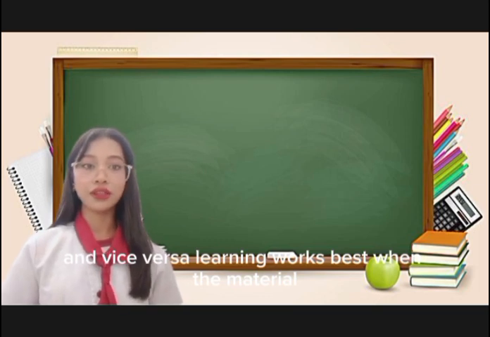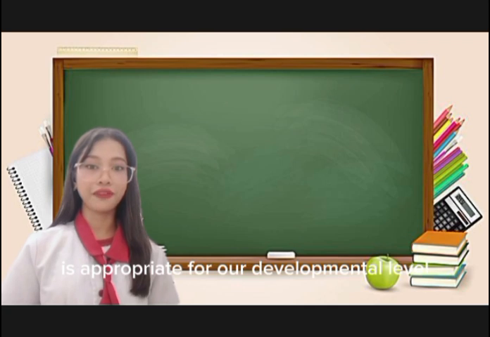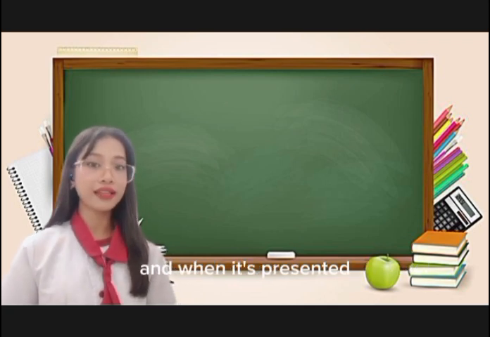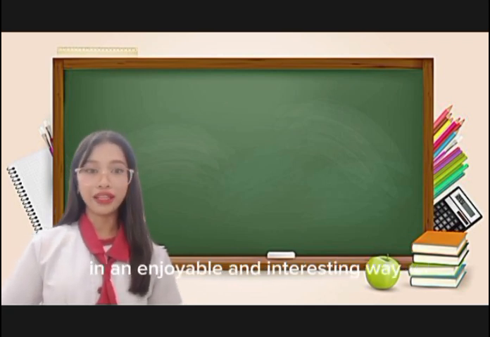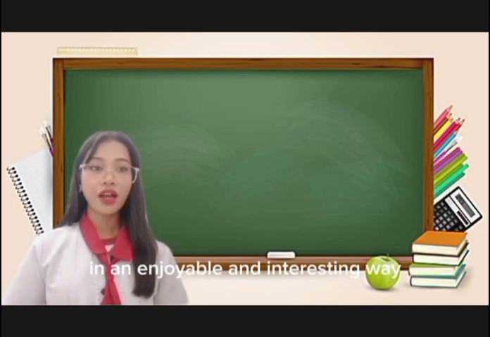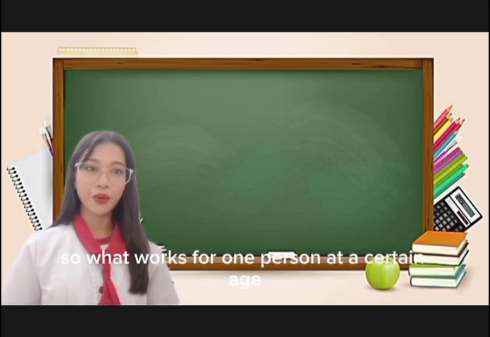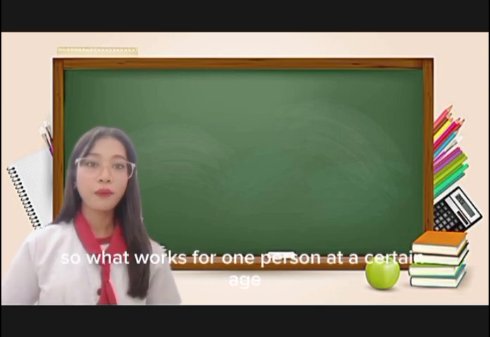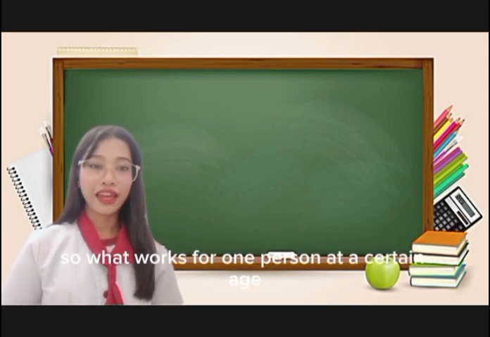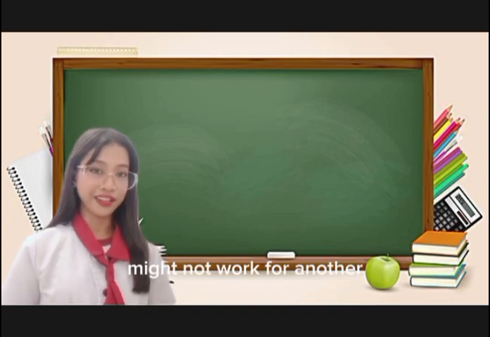Learning works best when the material is appropriate for our developmental level and when it's presented in an enjoyable and interesting way. We all grow at different rates in different areas, so what works for one person at a certain age might not work for another.